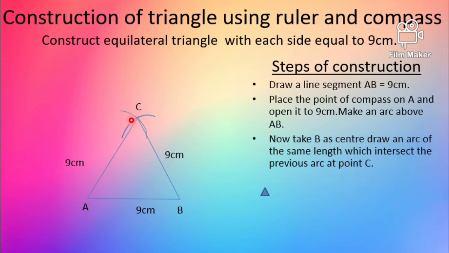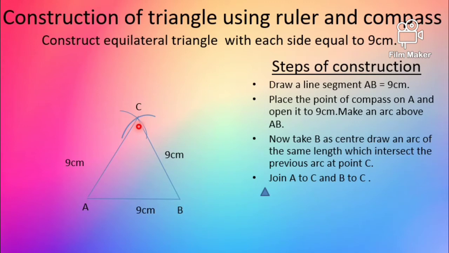The third step, now take B as a center, draw an arc of the same length, means the 9 centimeter, which intersects the previous arc at point C. This is the second arc of 9 centimeter which cuts the previous arc at point C.